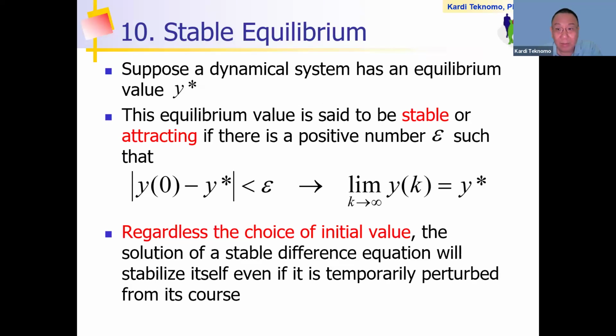Okay, the next concept I want to tell you about is stability. Mathematically, this is the definition. Suppose you have a dynamical system, and that dynamical system has an equilibrium value y star.